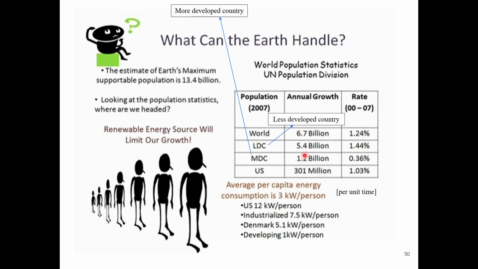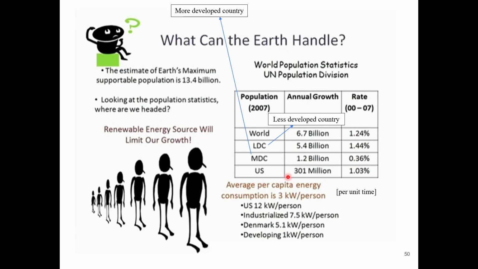However, only 1.2 billion out of 6.7 billion was in the more developed countries, with a very much lower annual growth of 0.36% as compared to 1.24%. It is nothing.